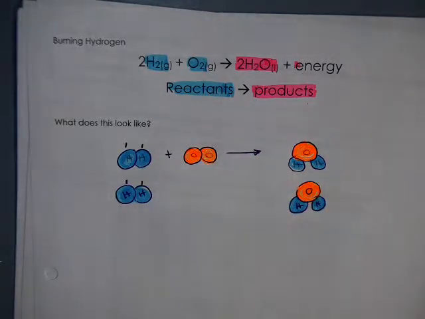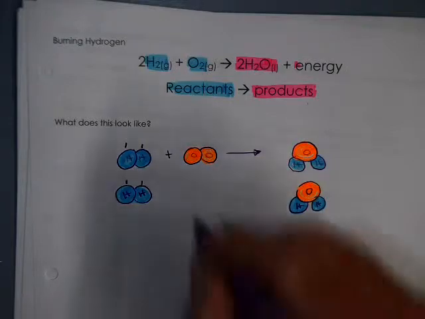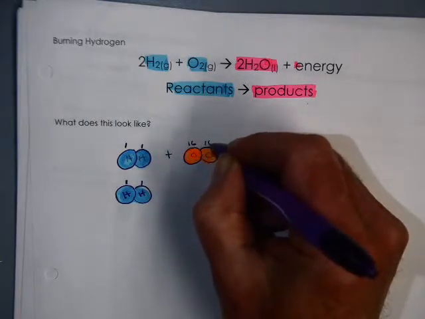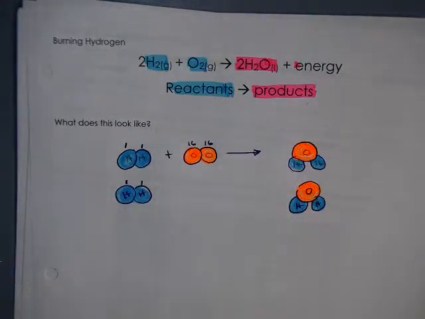Are we okay with that? The atomic mass of oxygen is what? 16 for 1, right? So for diatomic oxygen, this is 16 and this is 16, right? Are we okay so far?